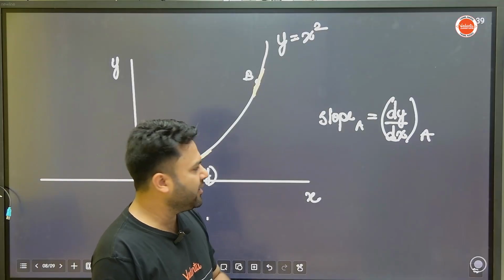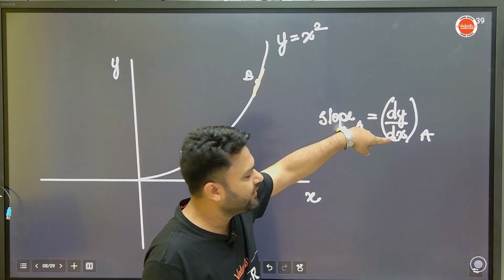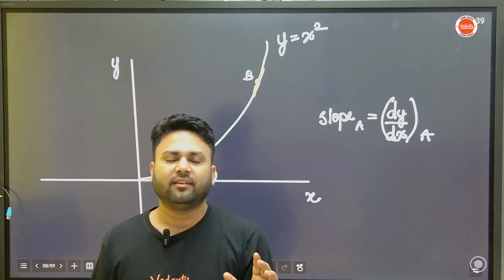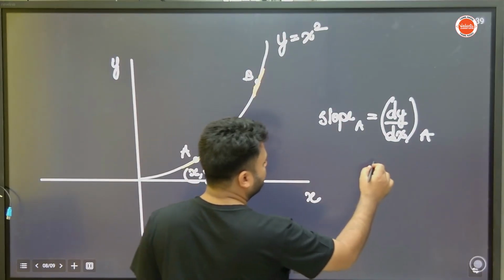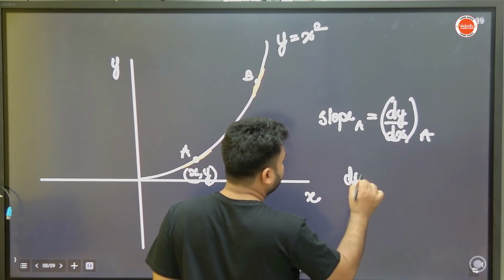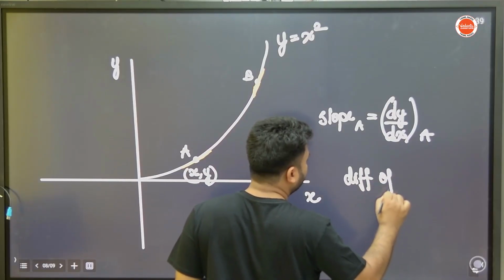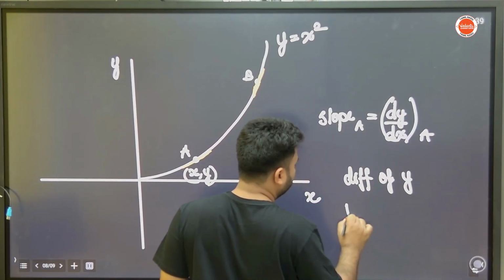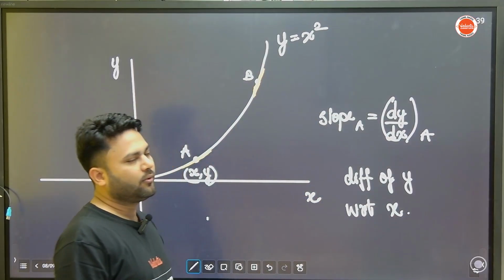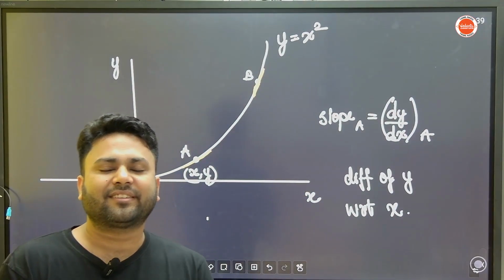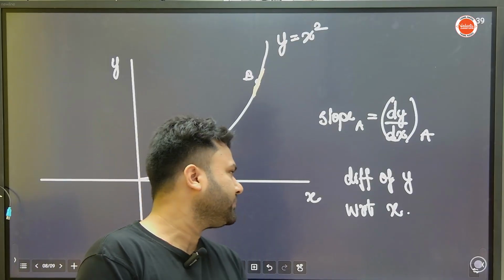One thing you have to remember is that you don't cancel this d. This is differentiation of y with respect to x, which we pronounce as dy by dx. So dy by dx tells about the slope.